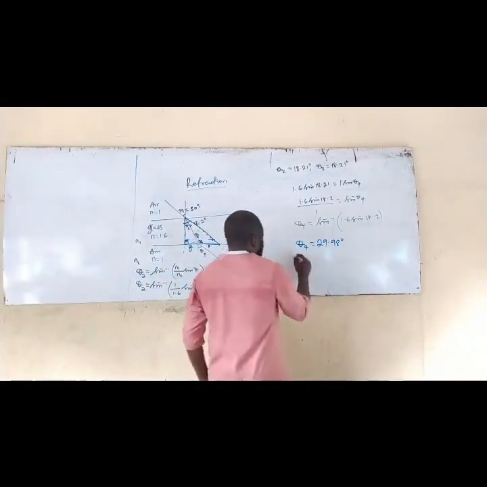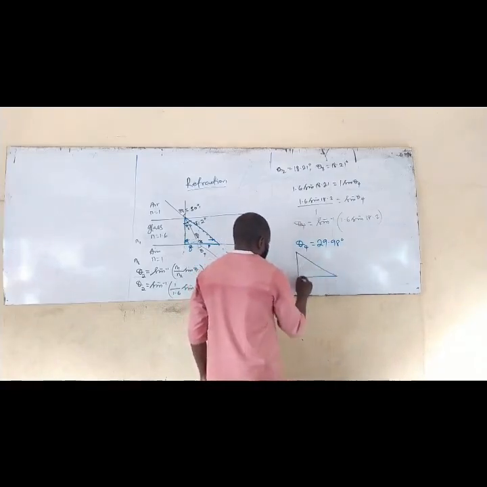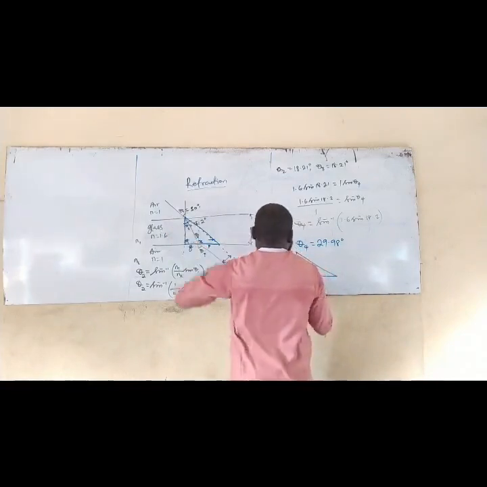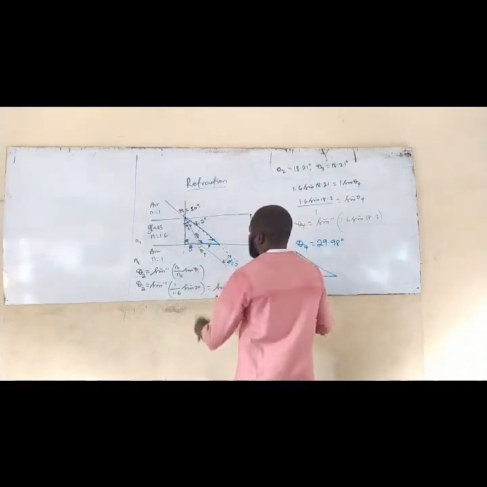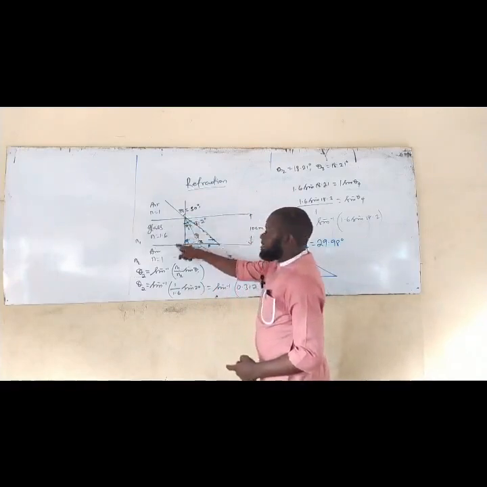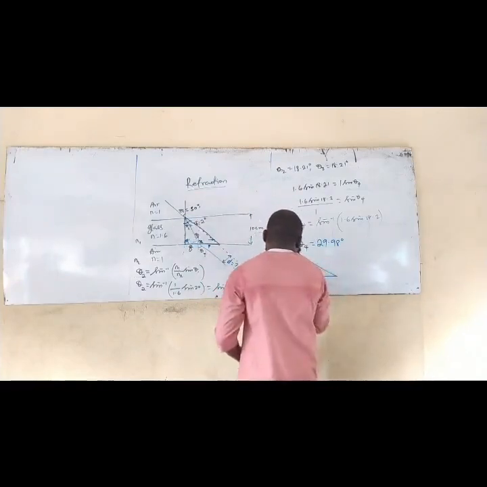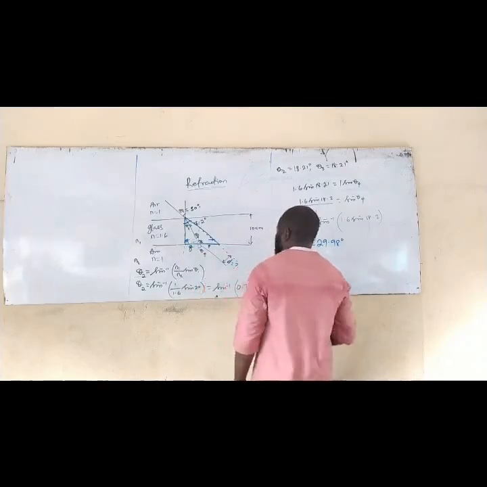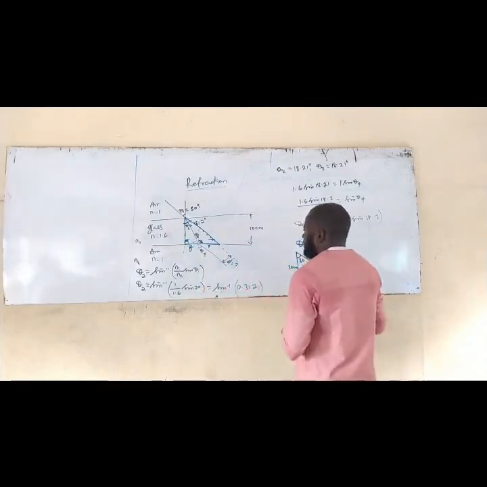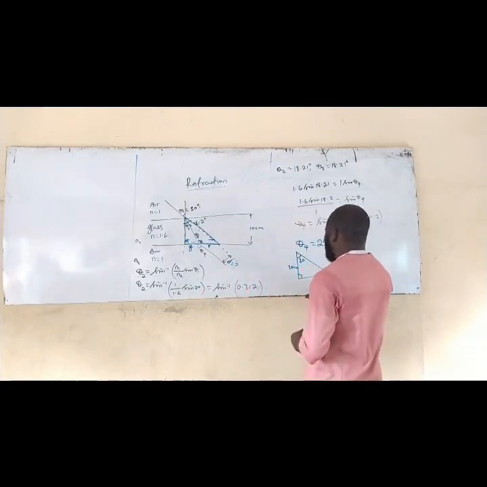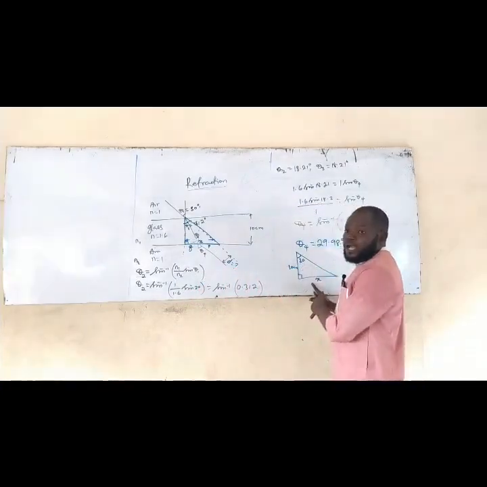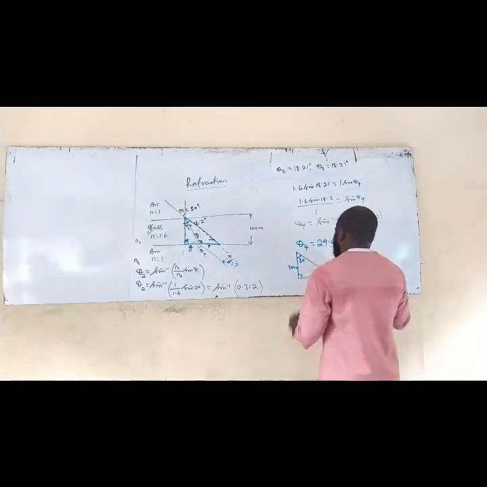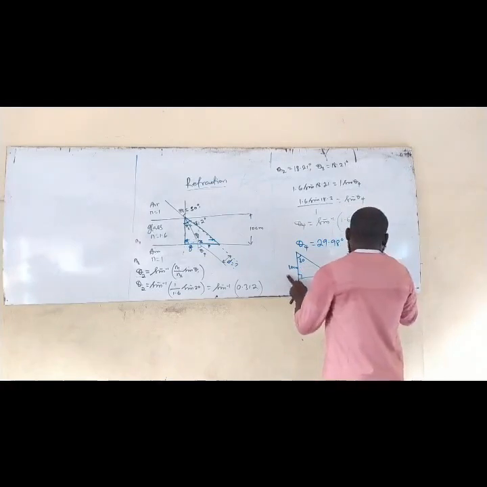Let me draw the triangle. So if here is 30 degrees, this angle here is 30. This height is 10 centimeters. And from here to this place is X. Okay, so we can find the value for this place by saying that the tangent of 30 degrees is equal to opposite over adjacent.